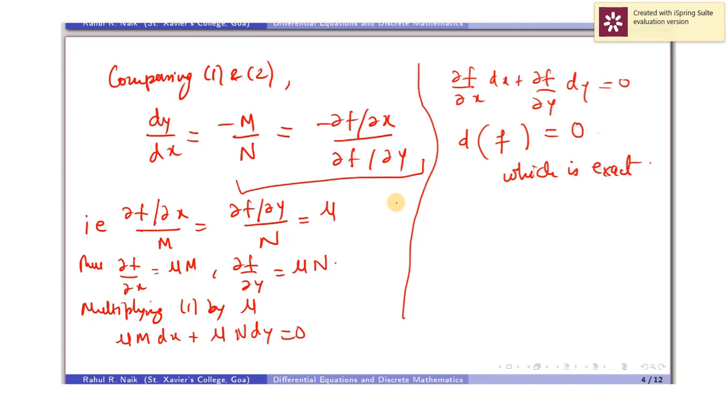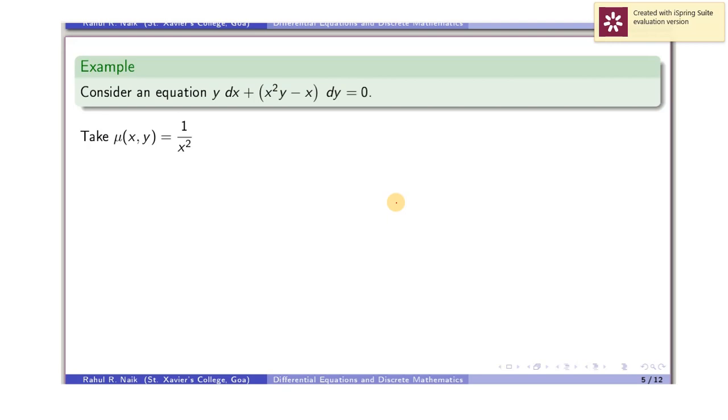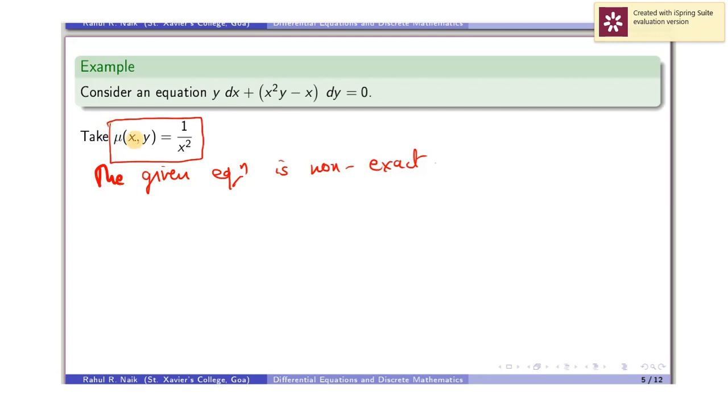So let's take an example, the same example, and see what can be the integrating factor for that. This is the example which we have already discussed, and we proved that this is non-exact. The integrating factor is already given, so we will just put this in and see whether it gets converted to an exact equation.